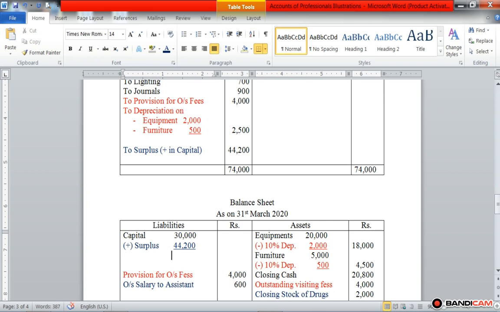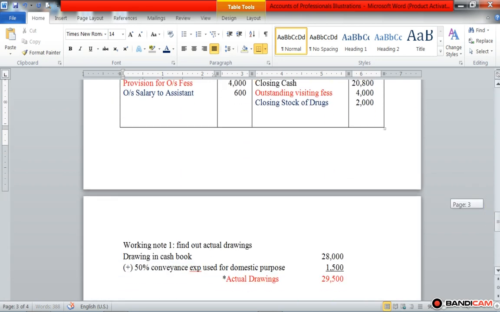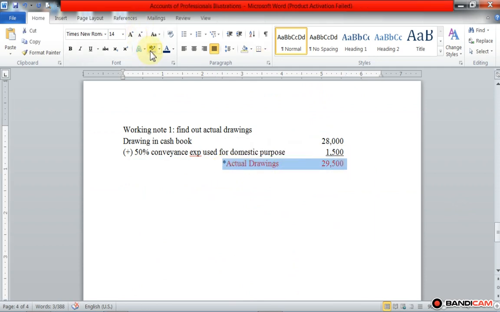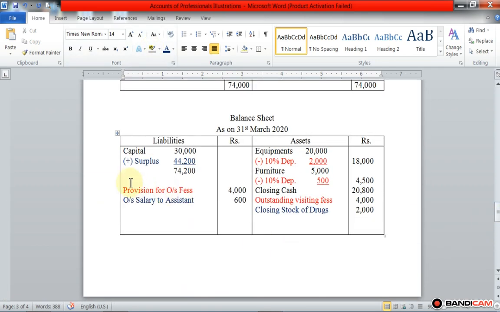40 plus 30 is 70, plus 4 plus 2, it means 74,200. Got it? It is the total. Now we give the effect. We added surplus; now we deduct the actual drawings from capital, the last effect of drawings.